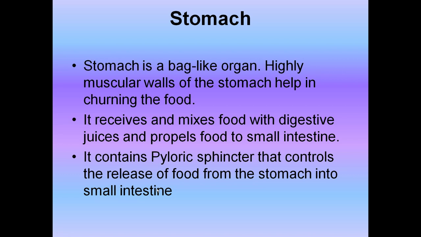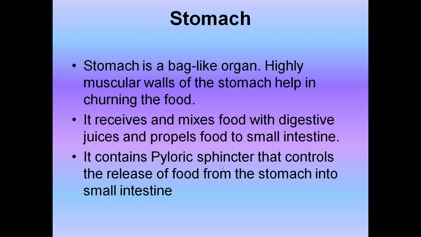Now you got the idea. Stomach is a bag-like organ, highly muscular, helps in churning of the food, helps in mixing of the digestive juices with the food, so that digestion can be completed in a very holistic manner. Now, pyloric sphincter. Pyloric sphincter is a one-way door or flap present at the junction of stomach and small intestine.